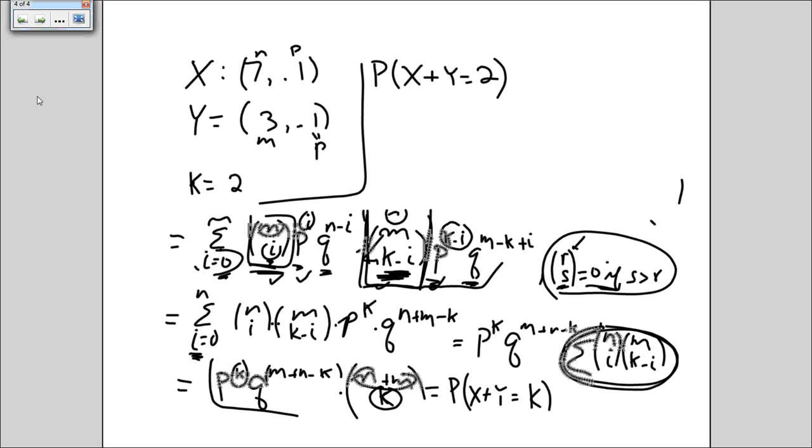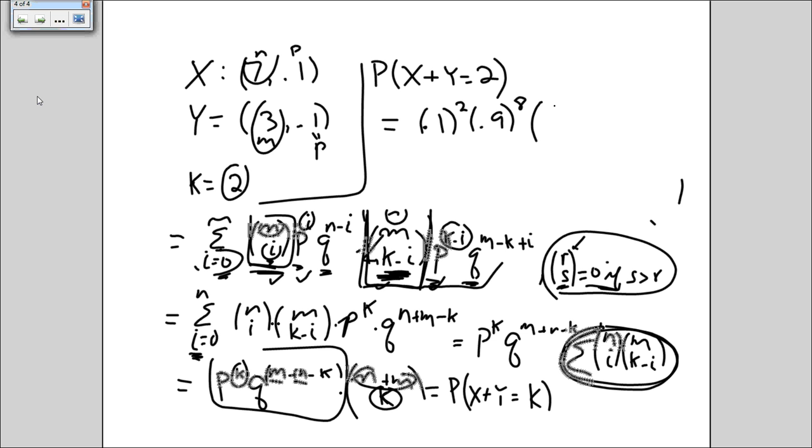Well, it's right here on the bottom. It's going to be p, which is 0.1, to the k, which is 2, times q, which is 1 minus p. 1 minus 0.1 is 0.9, to the n plus m, 3 plus 7 is 10, minus k, which is 2, so 8, times n plus m, 7 plus 3 is 10, choose k. There is your answer.